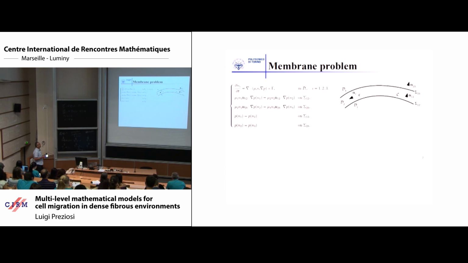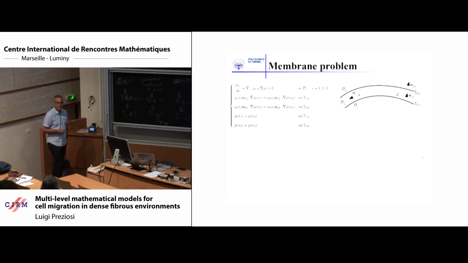I write the same equation as before in the three regions, inside, outside, and in the membrane. And of course you need some interface conditions at this boundary, and at this boundary here, at the interface between, say, D1, D2, and D3, okay? What are the interface conditions?